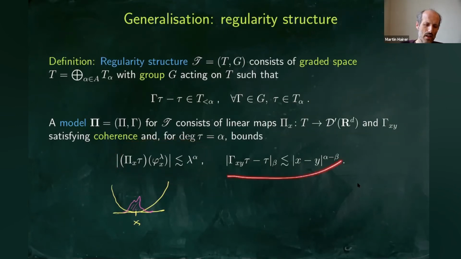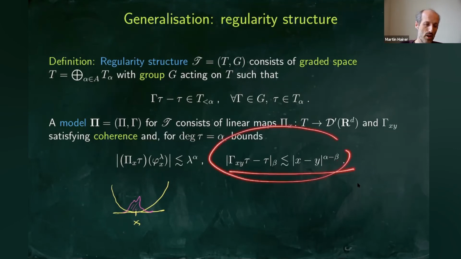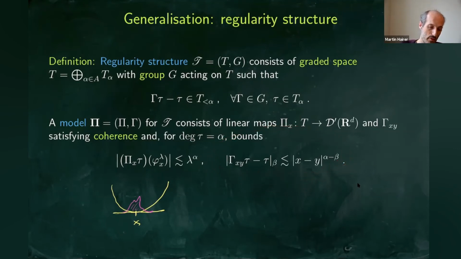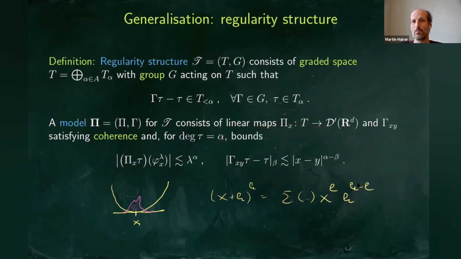And then there's a similar kind of property for gamma. In the case of polynomials, if you expand x plus h to the k, you get a sum of binomial coefficients times things like x to the l and h to the k minus l. This is the generalized version of that fact.